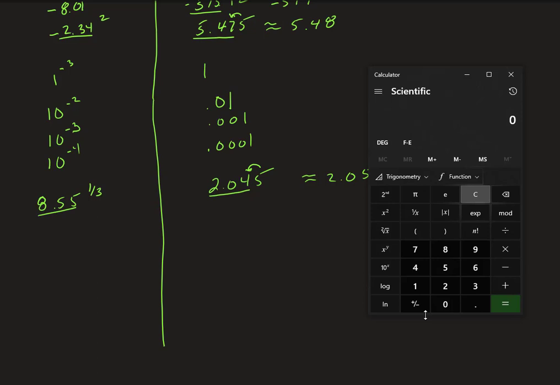And let's do another one. 84.2 to the 1/2.